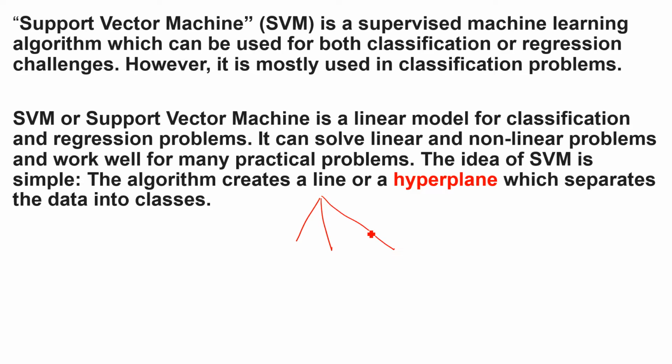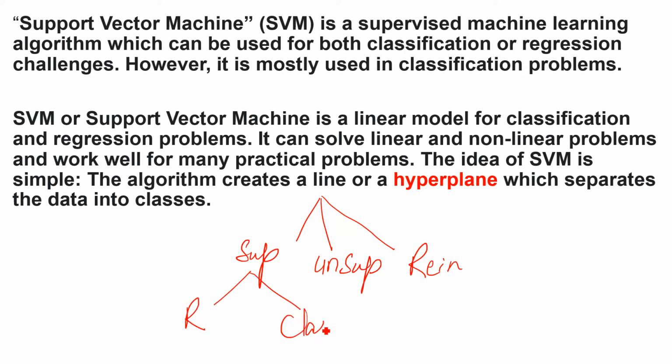As you know, in machine learning we have three kinds of learning: supervised learning, unsupervised learning, and reinforcement learning. In supervised learning, we learn about regression and classification.